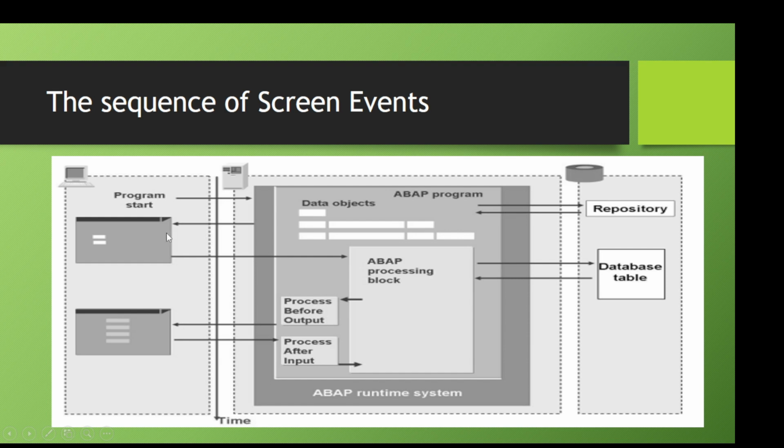First of all, the screen programming section or dynpro section, which uses the dynpro processor, and the second character is the ABAP program, which uses the ABAP runtime system and the ABAP processor.